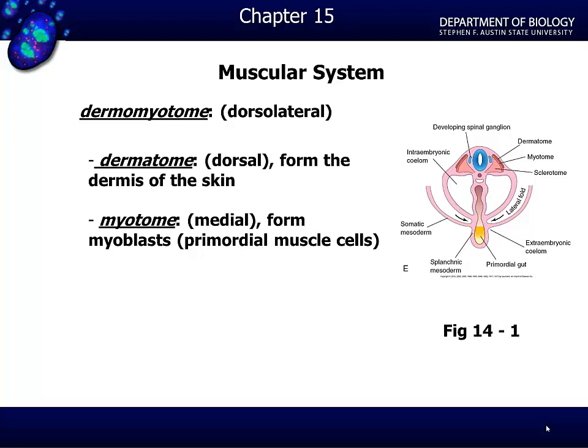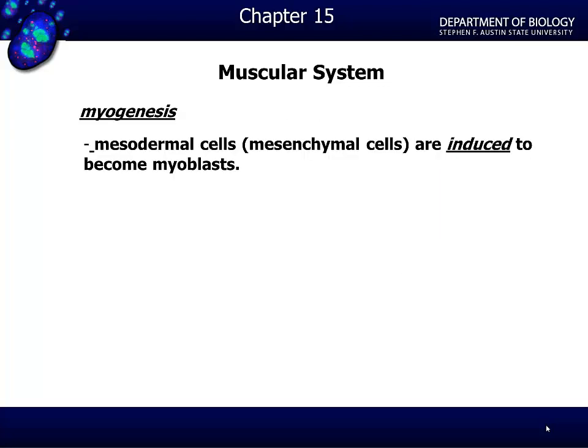Now, we're going to spend some time talking about this process of myogenesis, just like we talked about osteogenesis and chondrogenesis. But in this case, these mesodermal cells and these pluripotential mesenchymal cells, we're going to induce them down a pathway of muscle formation to become myoblasts.